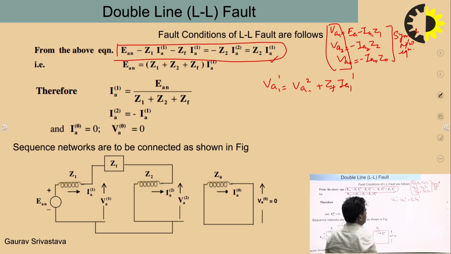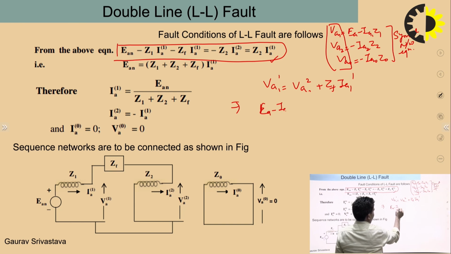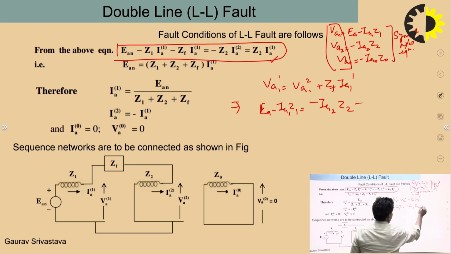Clear? So now put Va1 is equal to Ea minus Ia1 Z1 is equal to minus Ia2 Z2 plus ZF Ia1.